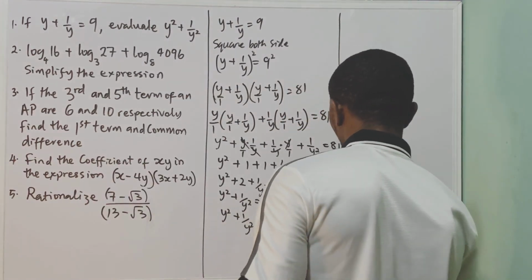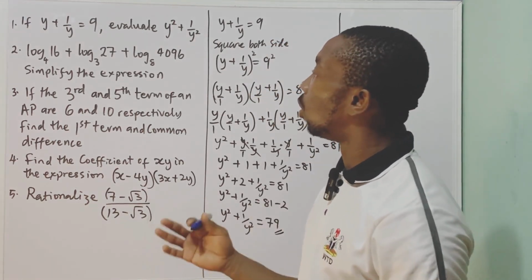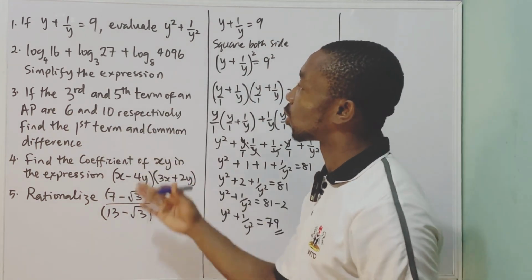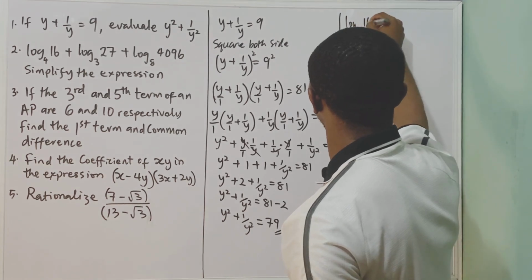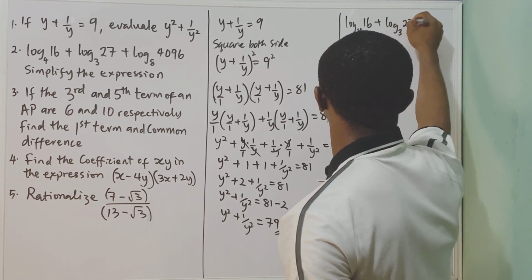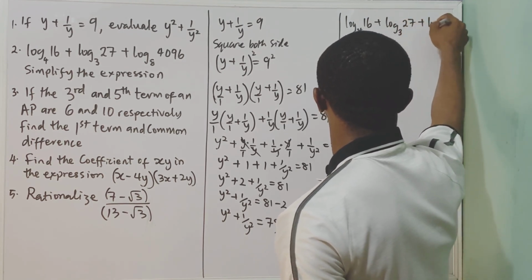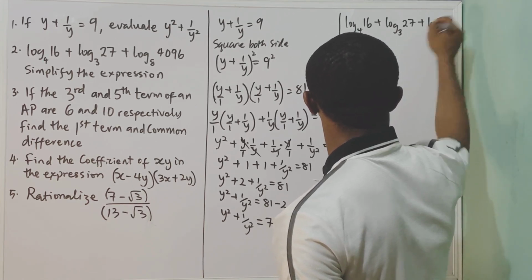Okay. Now, to question 2, it says simplify the expression: log 16 to base 4 plus log 27 to base 3 plus log 4096 to base 8.